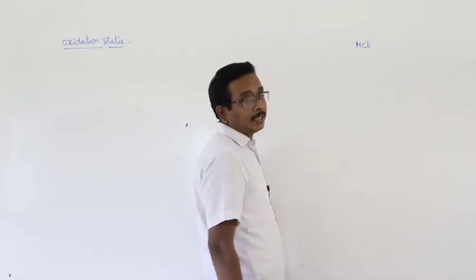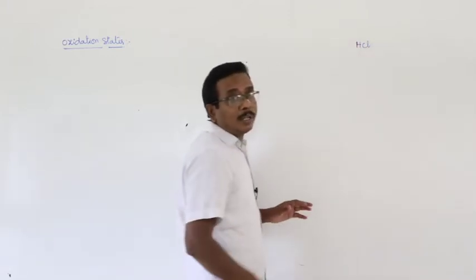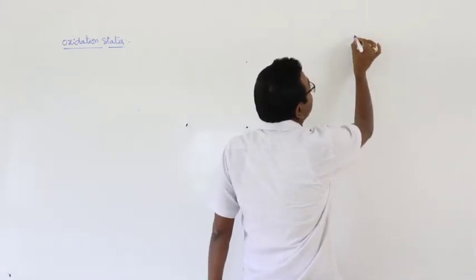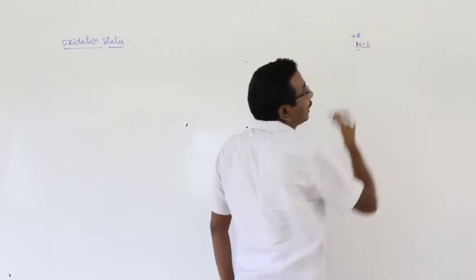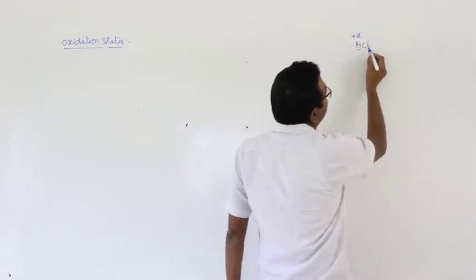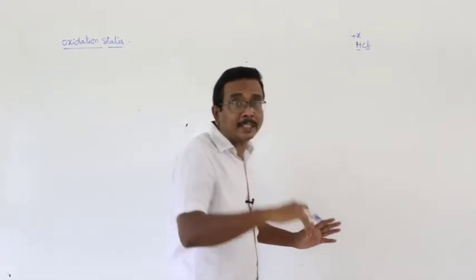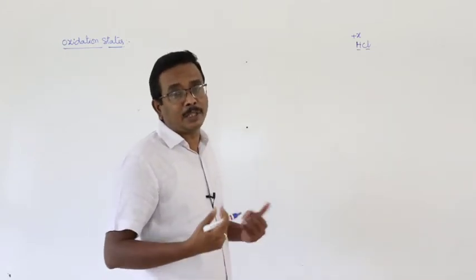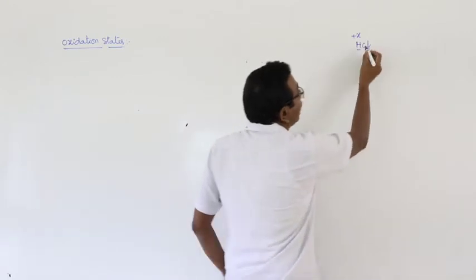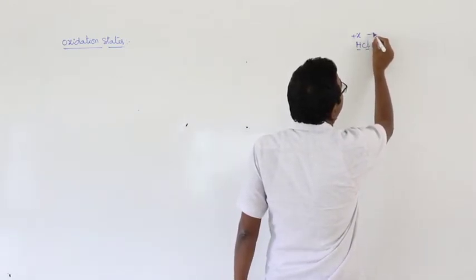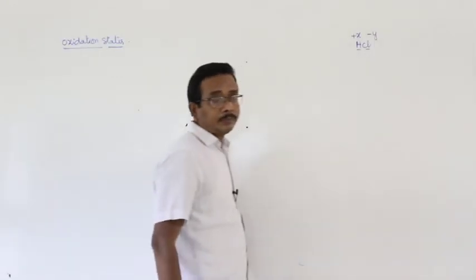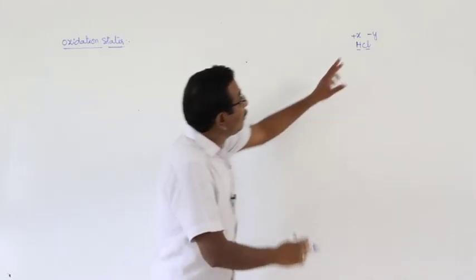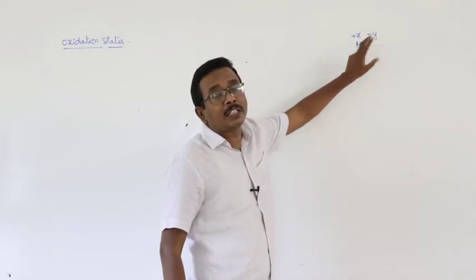Let us consider HCl. In this hydrogen chloride molecule, the hydrogen atom appears with a certain charge, that is plus X. In the same way, chlorine appears with exactly the opposite charge, then only the molecule survives, otherwise there is no possibility. So here the charge of chlorine is equal to minus Y. What is the reason for the appearance of opposite charges?